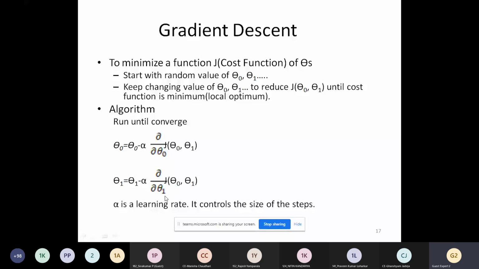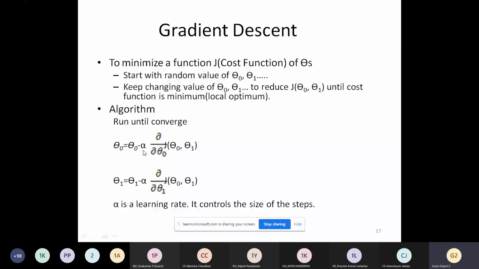That is the rule of gradient descent. Now here alpha is called the learning rate. Alpha is used to control the size of steps, that is, to control the reduction in theta.